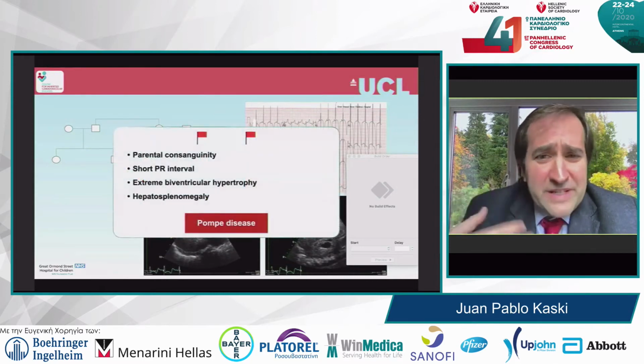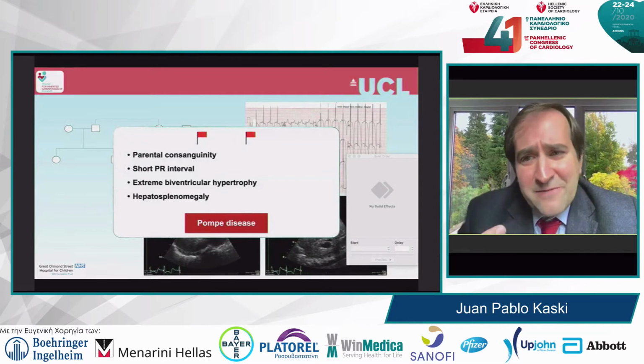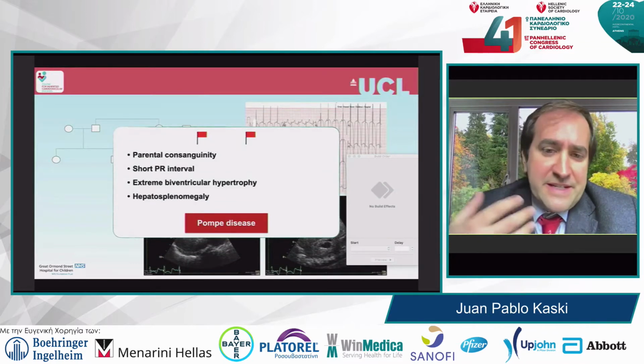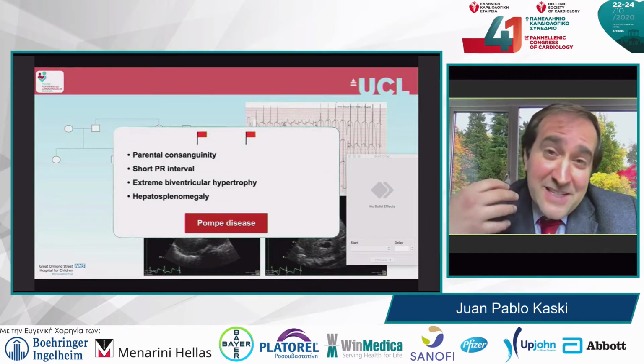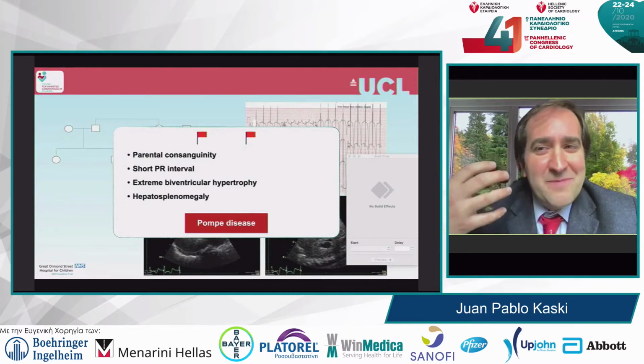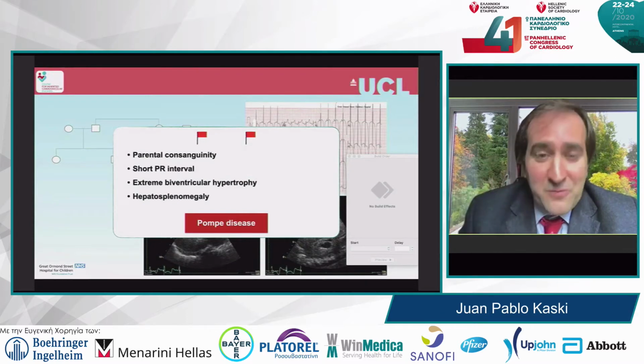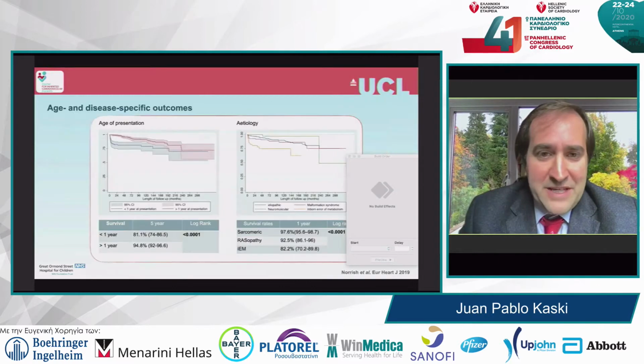Putting all of this together, this is an autosomal recessive family tree with parental consanguinity, extreme ventricular hypertrophy, and also some extracardiac features. This is an example of Pompe disease. And I guess this is what a lot of people have in mind when you think about the sorts of conditions that we see in the pediatric population.